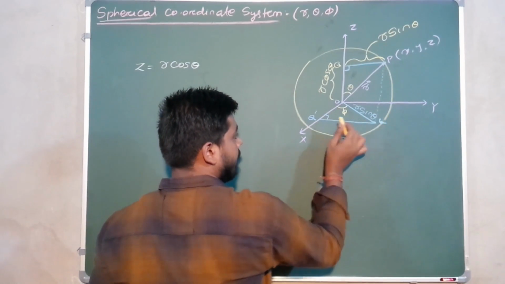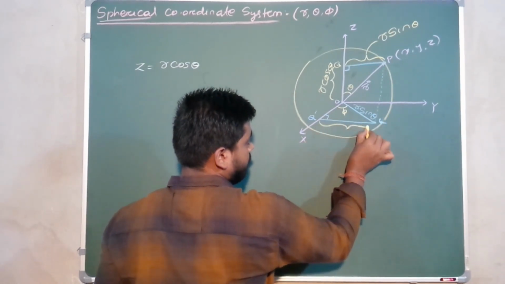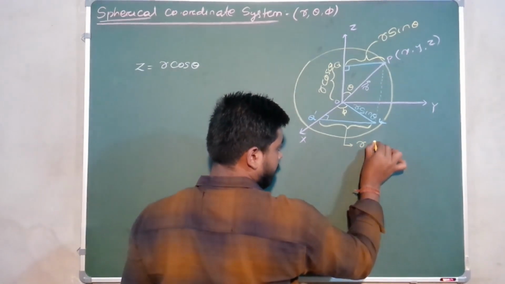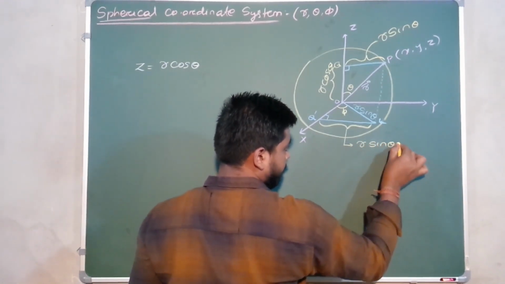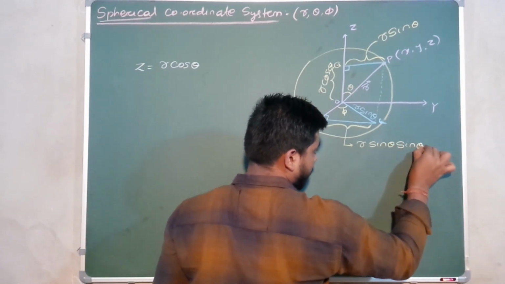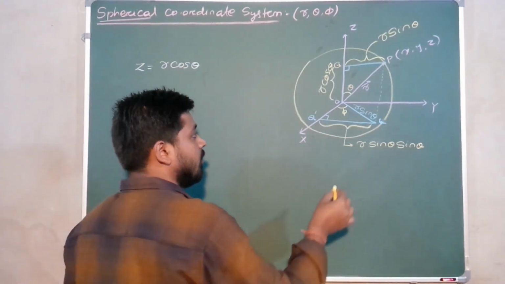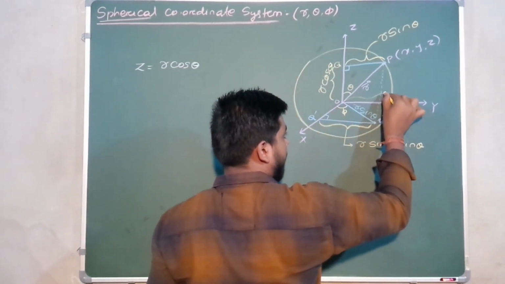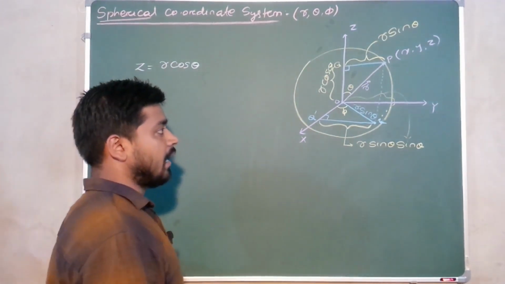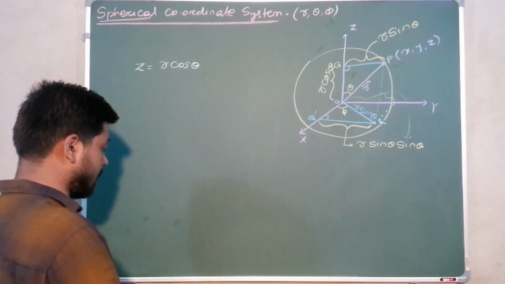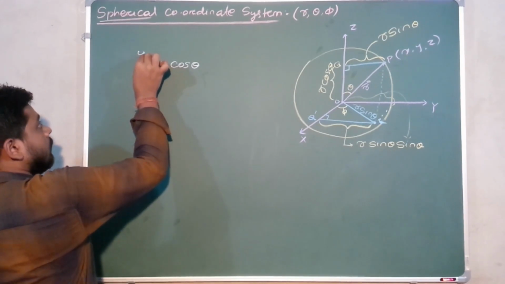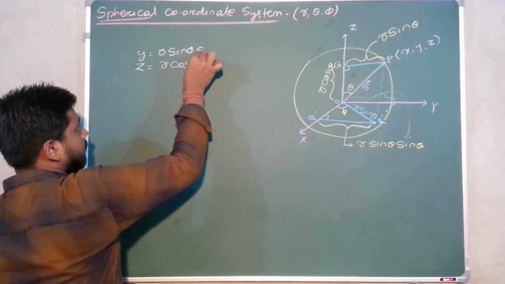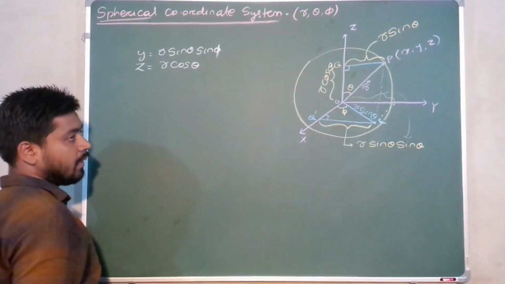Then this LQ prime becomes r sin theta sin phi. Yes or no? If we draw a perpendicular here, this becomes r sin theta sin phi. Along y, r sin theta sin phi. Just write down here y equal to r sin theta sin phi.